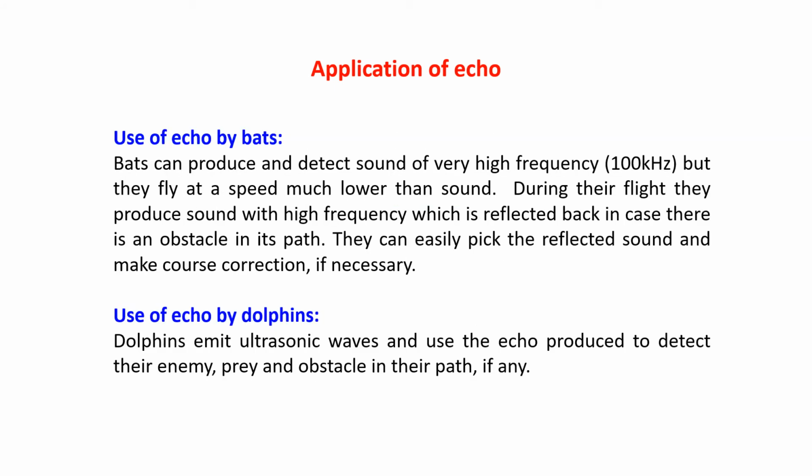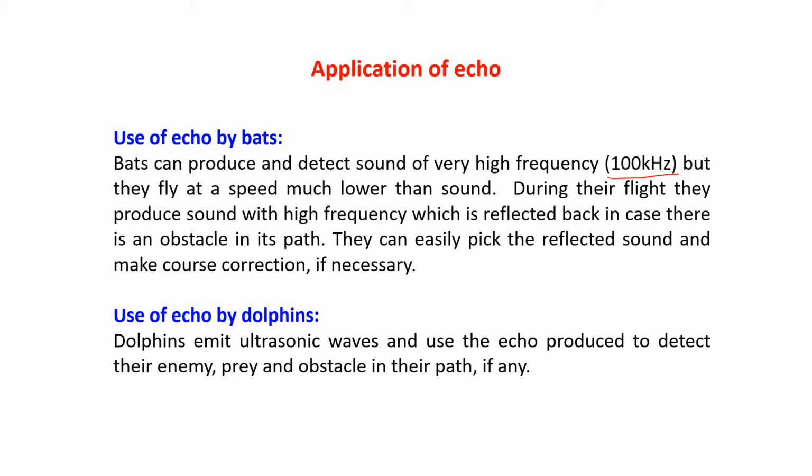Now, some of the applications of echo are given here. Use of echo by bats. How is echo applicable to this? Bats can produce and detect sound of very high frequency, that is 100 kilohertz, but they fly at a speed much lower than the sound.